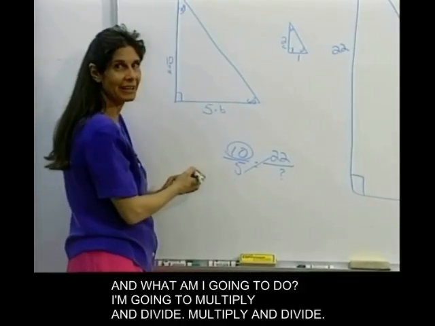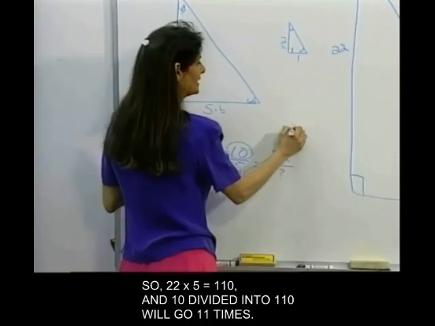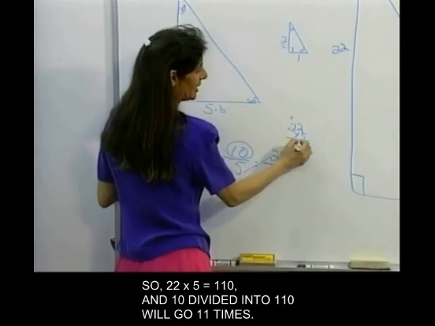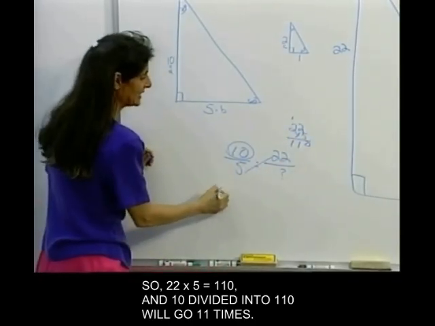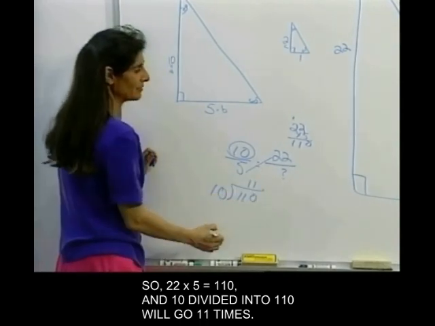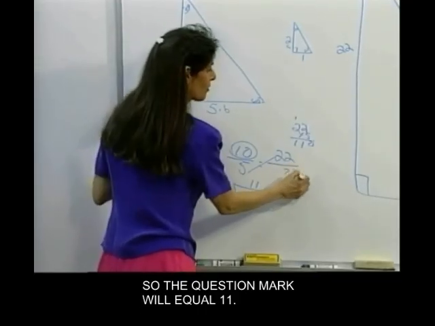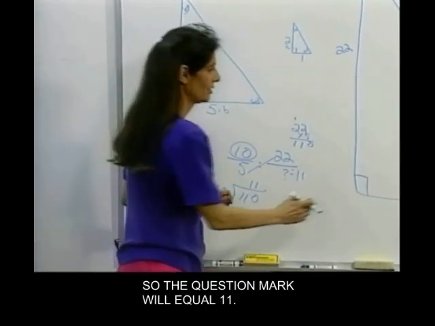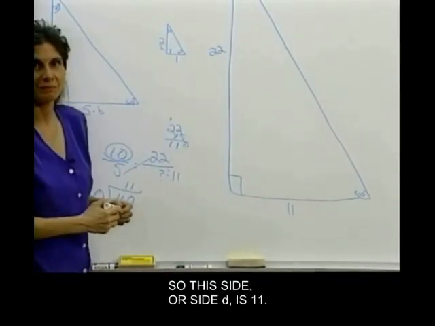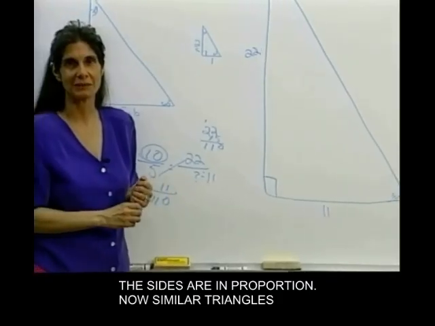So 22 times 5 is 110. And 10 divided into 110 will go 11 times. So the question mark will equal 11. So this side, or side D, is 11. The sides are in proportion.